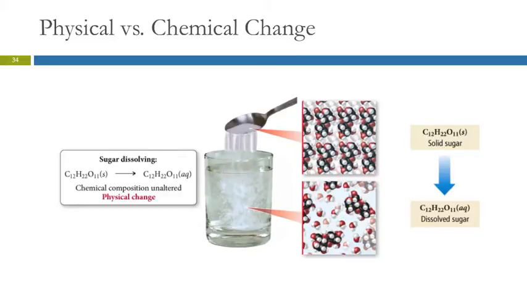So the molecules have not changed. They're just separated from each other. It's a physical change. It's still sugar. If you take this solution of sugar water and evaporate all the water out, you're going to still have sugar. Okay? It's a physical change.